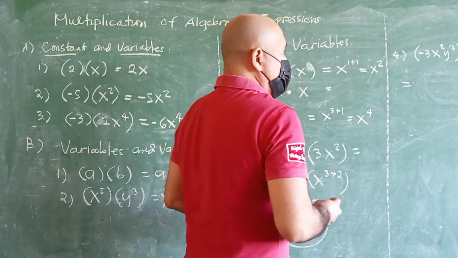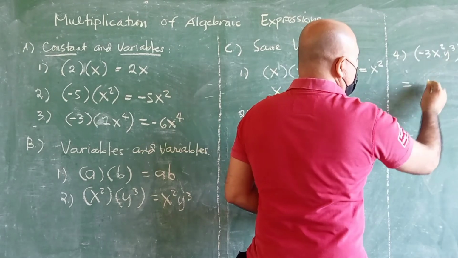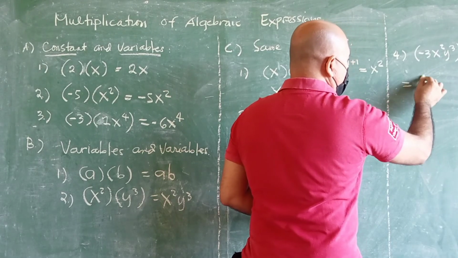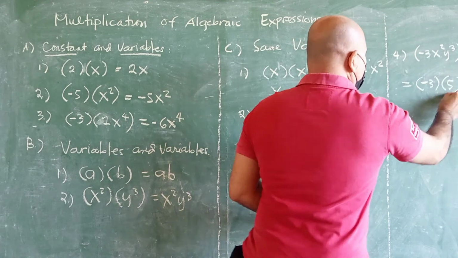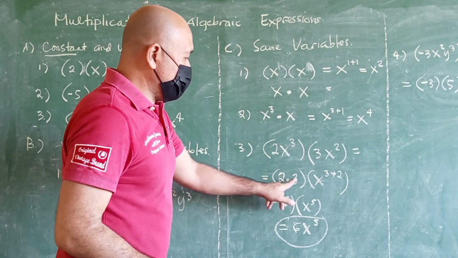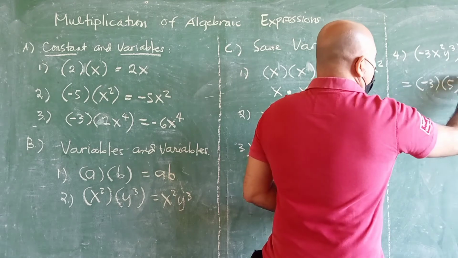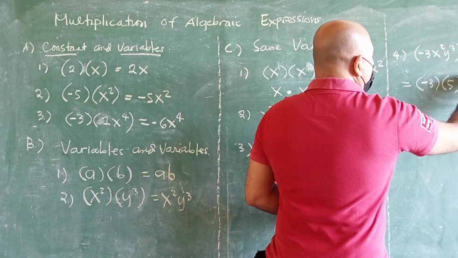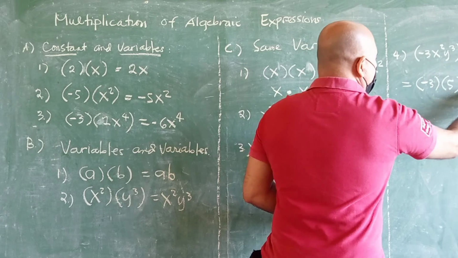Okay, so all you have to do is again multiply numbers, that is negative 3 and 5. You may also use the parentheses between the numbers. And then you may also copy x.